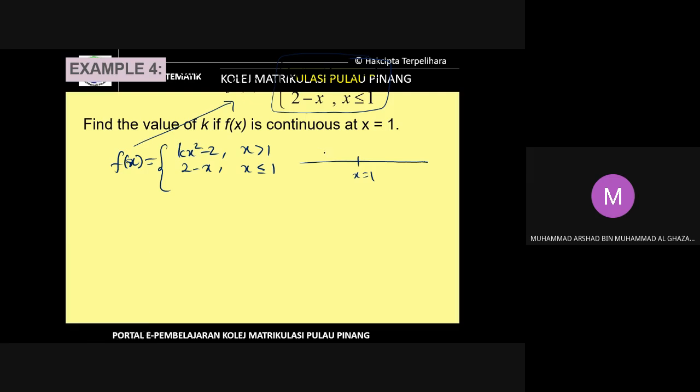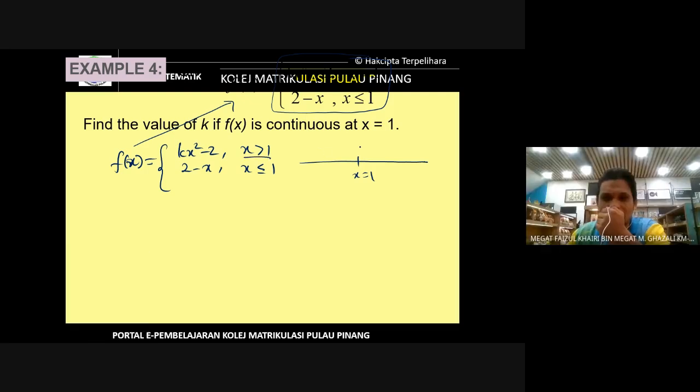Okay, now class, x greater than 1, x less than or equal to 1. So this is kx square minus 2 and this is 2 minus x. Graphically, kalau kamu nak lakarkan graf, tak ada masalah. But to me, if the question did not ask you to sketch the graph, don't waste your time.